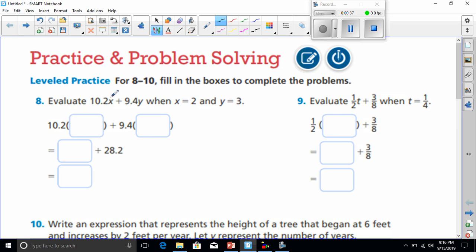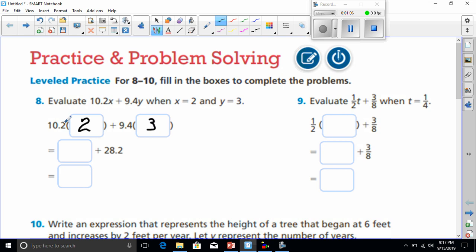So over here, where it has 10.2 times x, and it wants us to tell us what is in this bubble, well, x is 2, so we would write the number 2 there. Next, we see that 9.4 is multiplied to y, and y is 3, so over here in this bubble, we would put 3. Now they're wanting to ask us what is going to go in this first bubble.